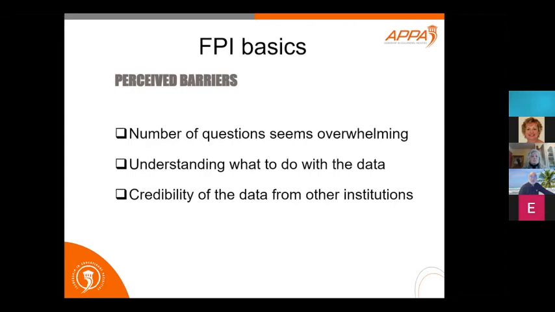So first, FPI basics. A lot of folks have avoided using the FPI because they perceive there are a number of barriers. The questions may seem overwhelming. When you've put in all of your data answering those questions, then the challenge becomes what to do with the data, because again, there's a lot of data from a lot of institutions. And lastly, there are some concerns about the credibility of the data.